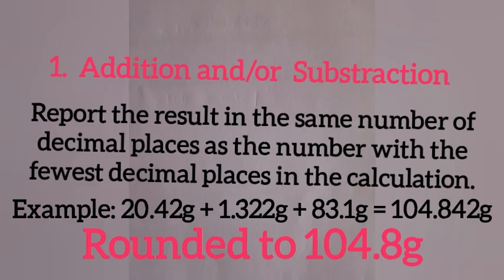104.8 grams. Now you see that the result is in one decimal place because the individual numbers that were summed to arrive at the result include a number with the least decimal place, which is 1.